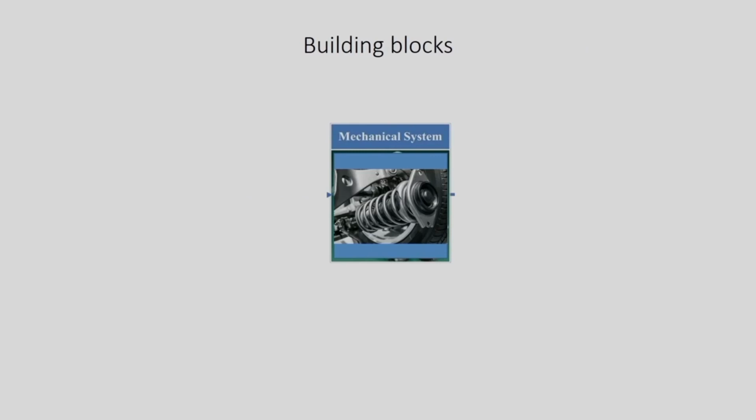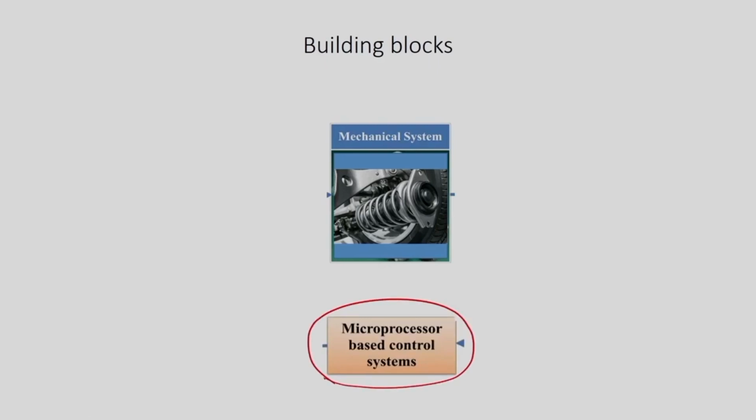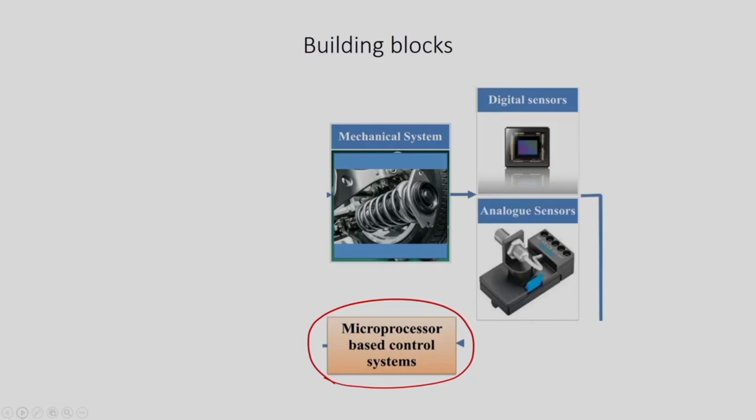Well, if you try to develop an arrangement showing the building blocks of an automated system, we can see here a mechanical system which is being controlled by a microprocessor based control system. This microprocessor based control system gets inputs from various sensors. Those sensors may be digital sensors or analog sensors.